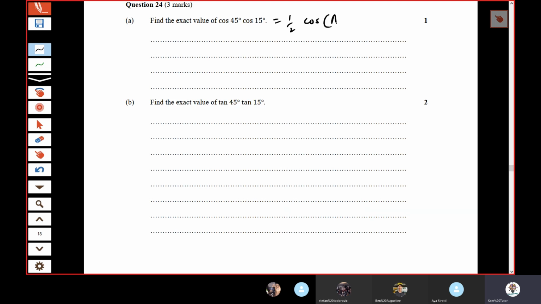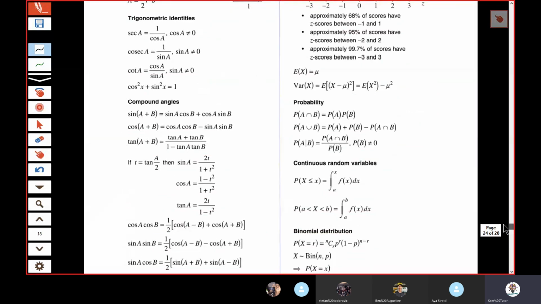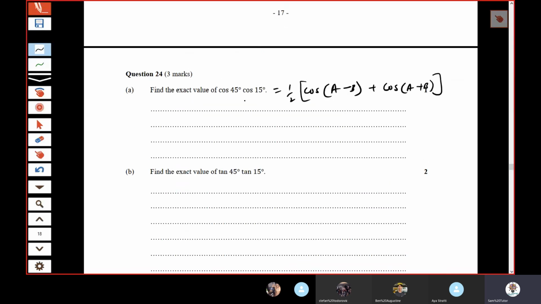Half cos A minus B plus cos A plus B. Is that what it was? Yes, I think so. Minus B plus, yep, perfect. All right, and that's it. Obviously, A is 45 minus 15, which is 30, plus 45 plus 15, which is 60.